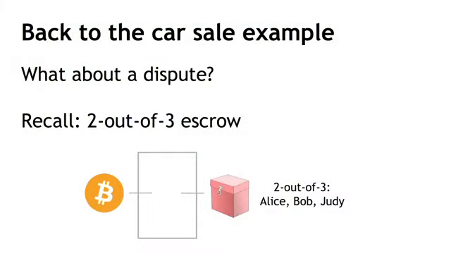So the buyer is going to transfer Bitcoins not directly to the seller, but instead to a 2 out of 3 address, which is controlled jointly by the buyer, the seller, and some mediator or a judge.